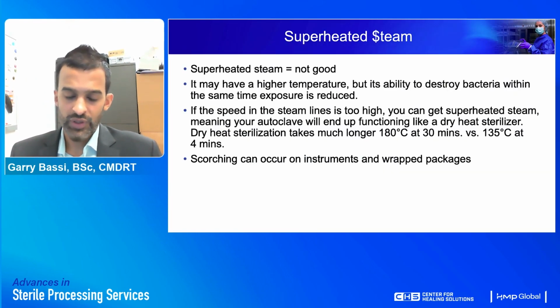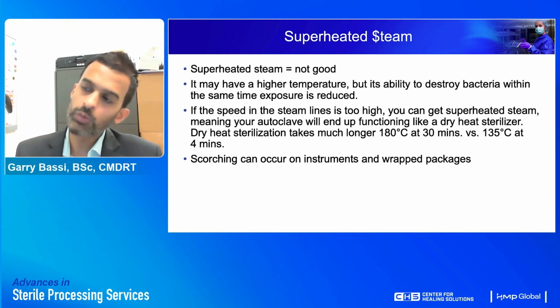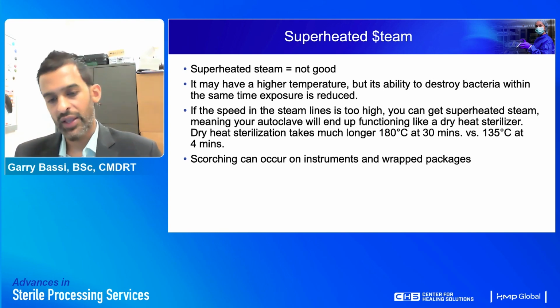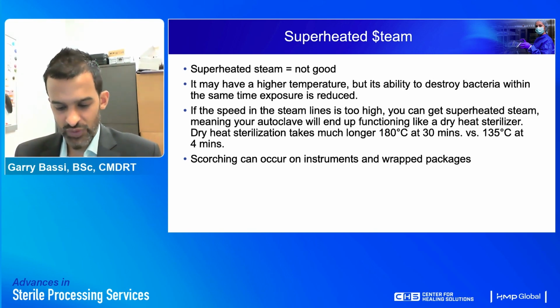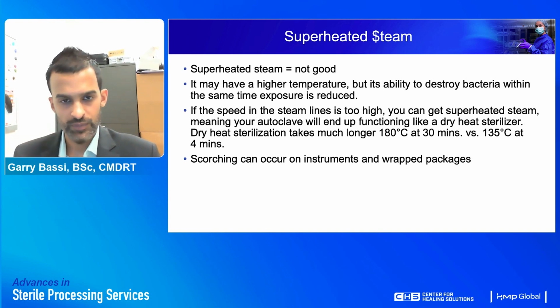This is important, what I just showed you there in terms of purity, because minerals themselves inside steam can present a problem because they can deposit onto the instruments, specifically causing staining and other types of contamination that may come through.